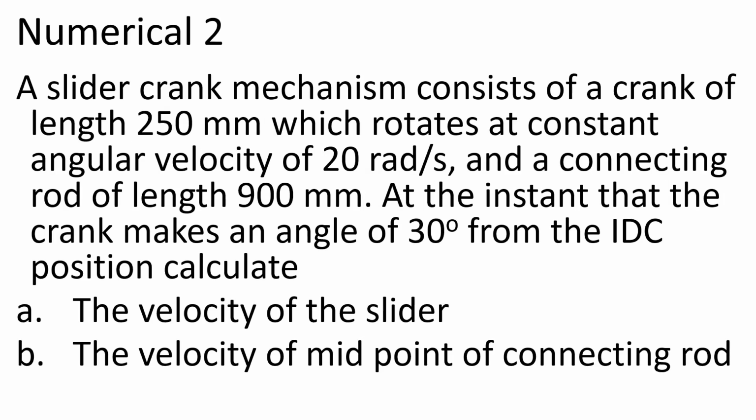Now let us see how to use velocity vector polygon method to solve slider crank problem. Numerical 2. A slider crank mechanism consists of a crank of length 250 mm which rotates at constant angular velocity of 20 radians per second and a connecting rod of length 900 mm.